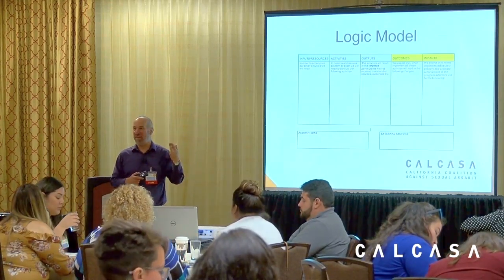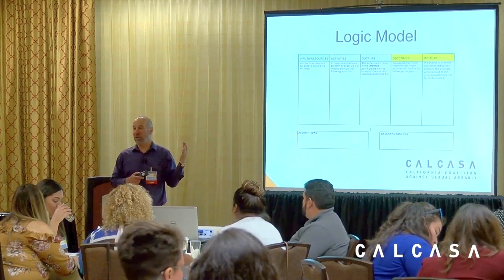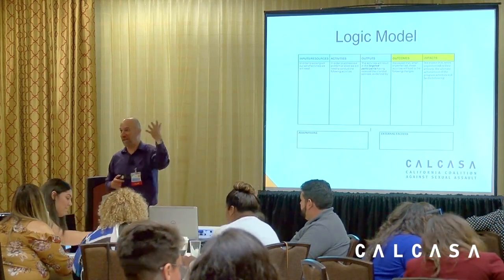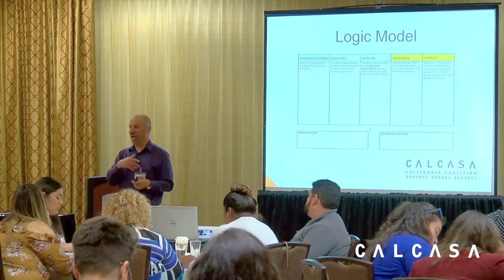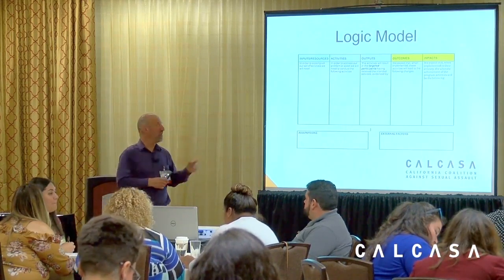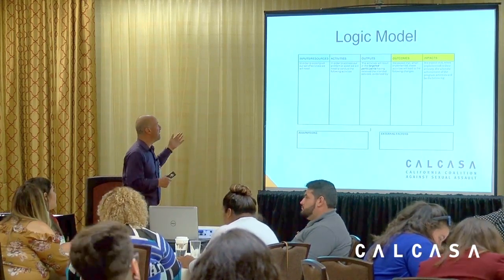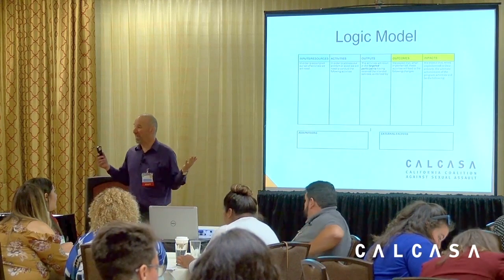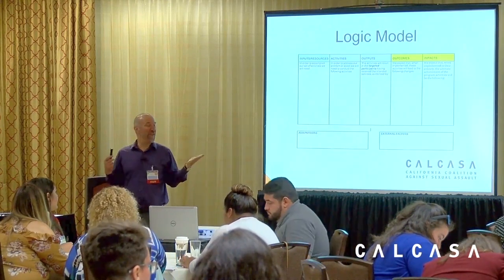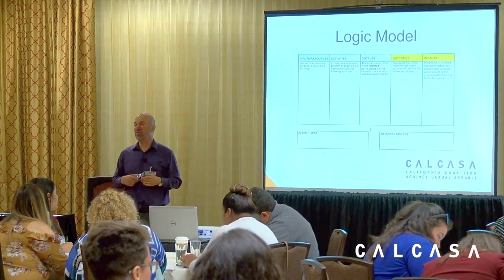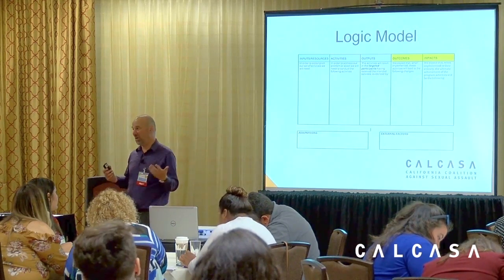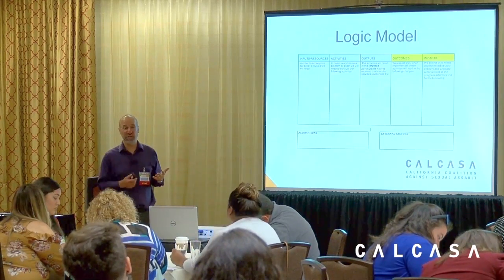If you happen to have $10 billion, you can do a different thing than if you're doing a program for a local community. So you want to know what type of resources you have, how much staffing you have. That affects what goes on. It might be understanding what resources you can find from your community. What are the types of things you need to put into what you're doing?